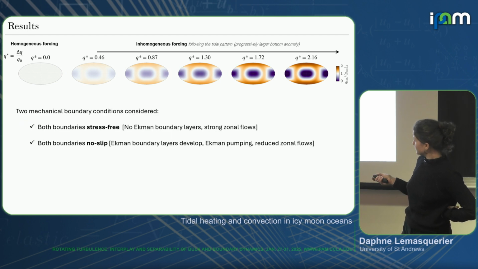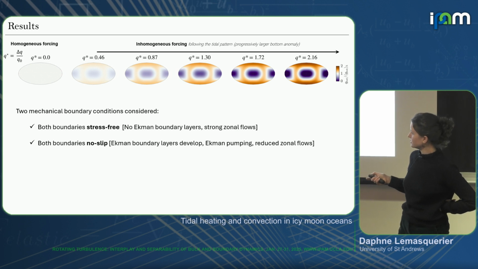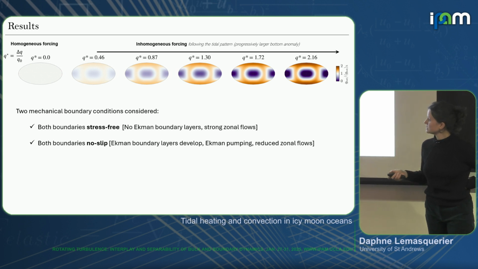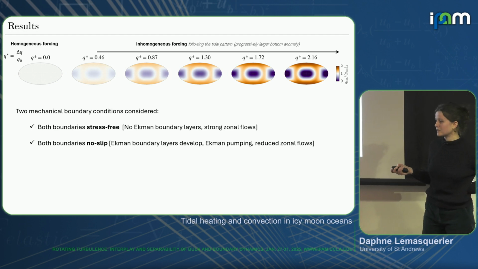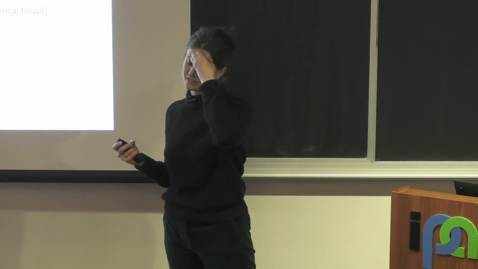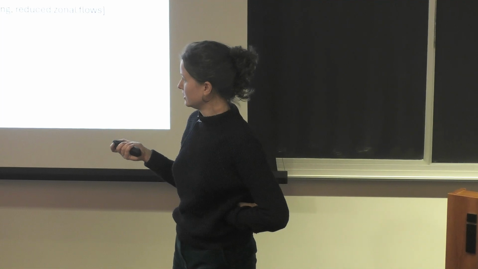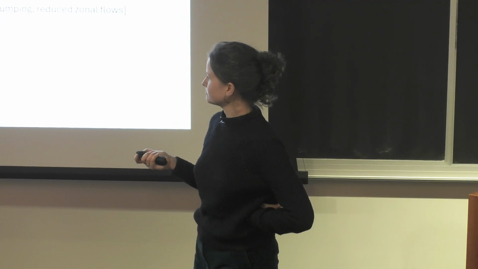We consider two types of mechanical boundary conditions: either the two boundaries are stress-free or the two boundaries are no-slip. The reason for this is that we're working at quite high Ekman number because we're working in thin shells, so the convective structures are quite small, and it's challenging with this kind of high aspect ratio to go down to small Ekman numbers.